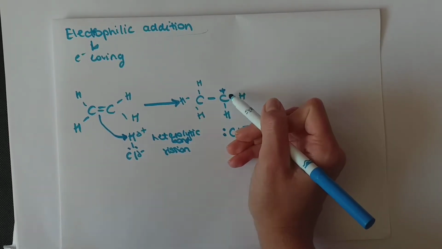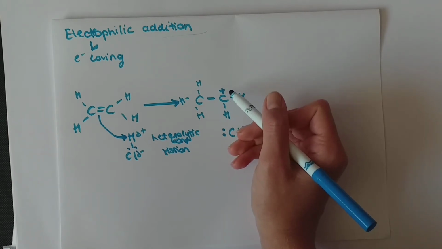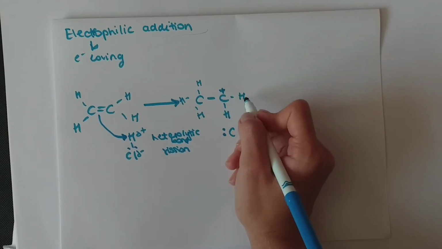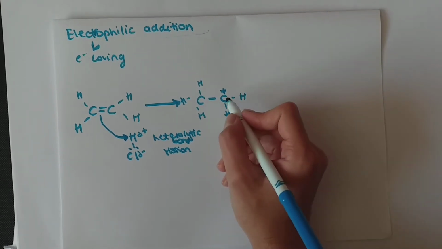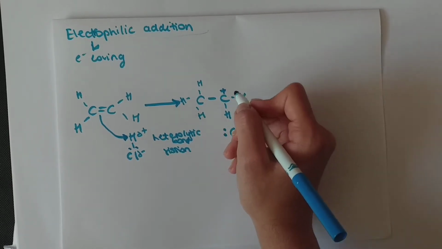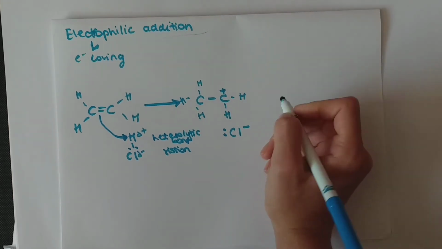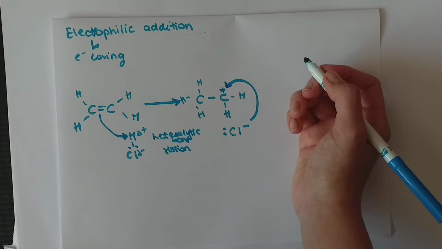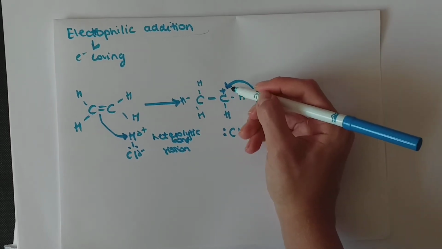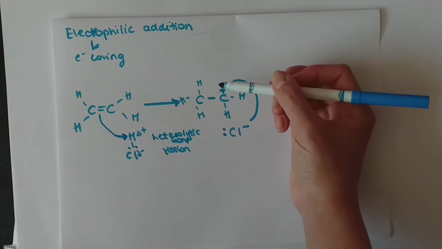The carbon on ethene becomes positive because we included another hydrogen which was positive, taking electrons away from the carbon to hydrogen, so the carbon becomes positive. Therefore, chlorine wants to join in with the carbon. Carbon is lonely, carbon doesn't have electrons, it's positive.